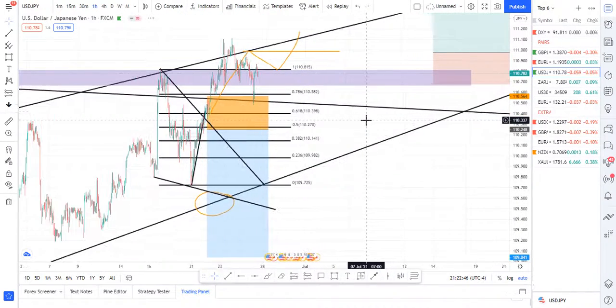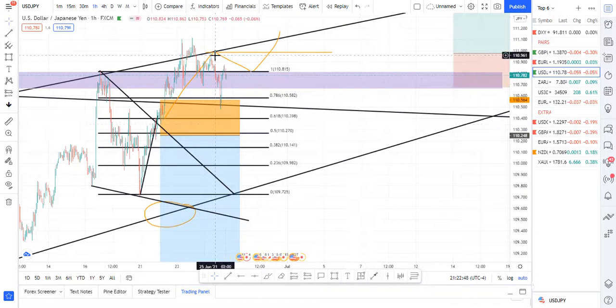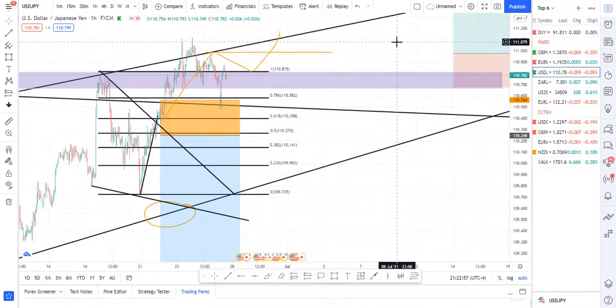I was prepared for it here. As you can see, it was going to come here, go up, break through, come retest again, and go to the upside.